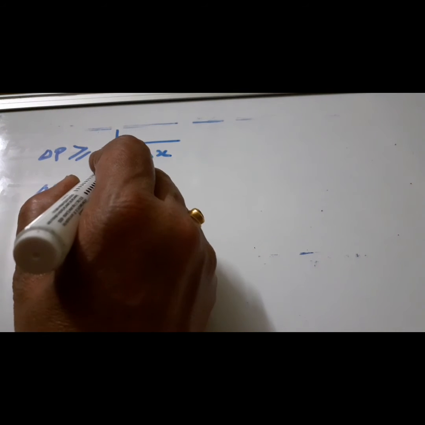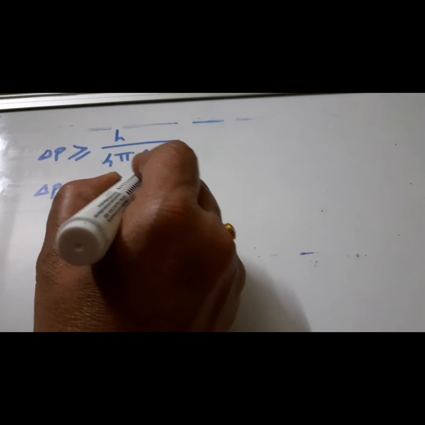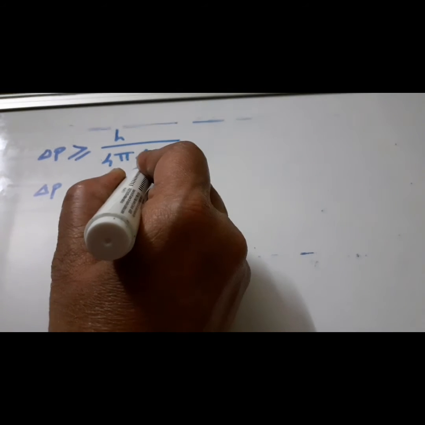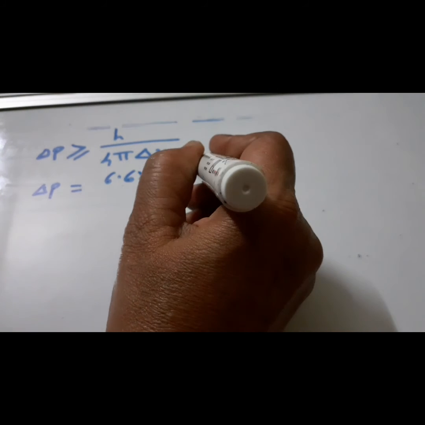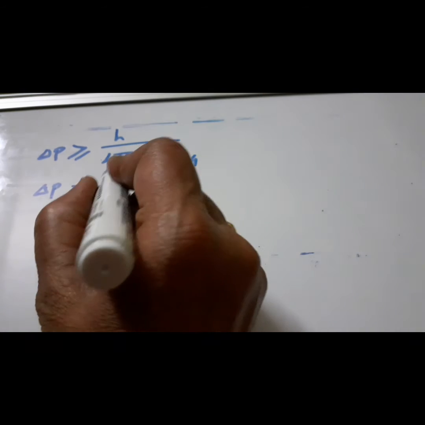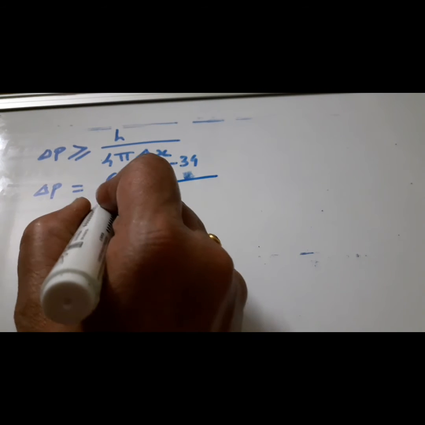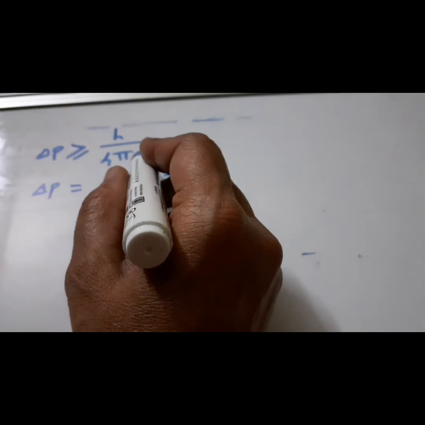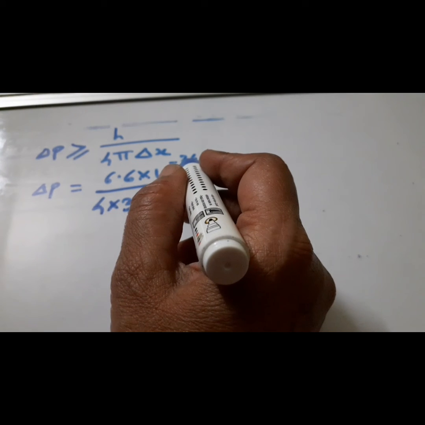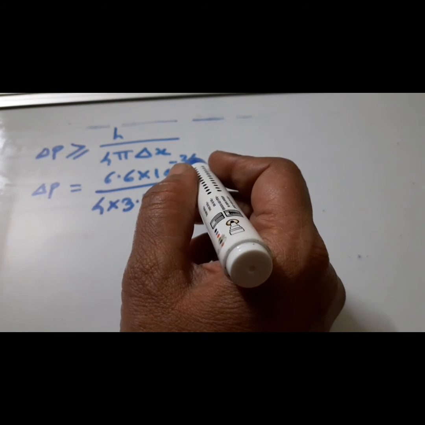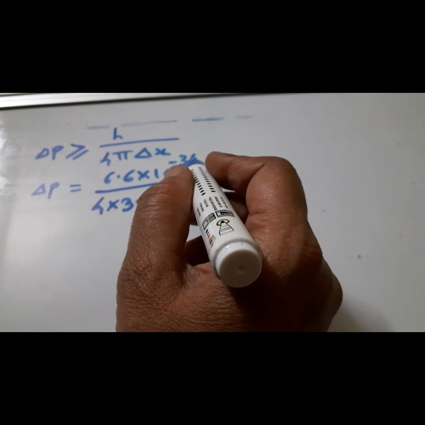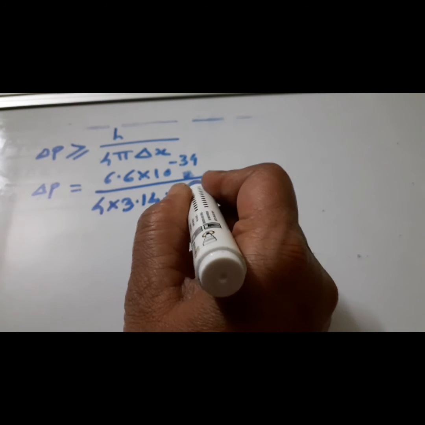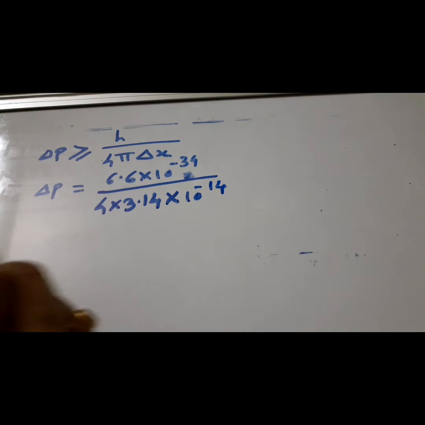Then delta p is equal to h, having the value 6.6 into 10 to the power minus 34, divided by 4 into 3.14, the value of pi, into delta x. Earlier we wrote delta x is greater than or equal to 10 to the power minus 14 meter, that is the radius of the nucleus.